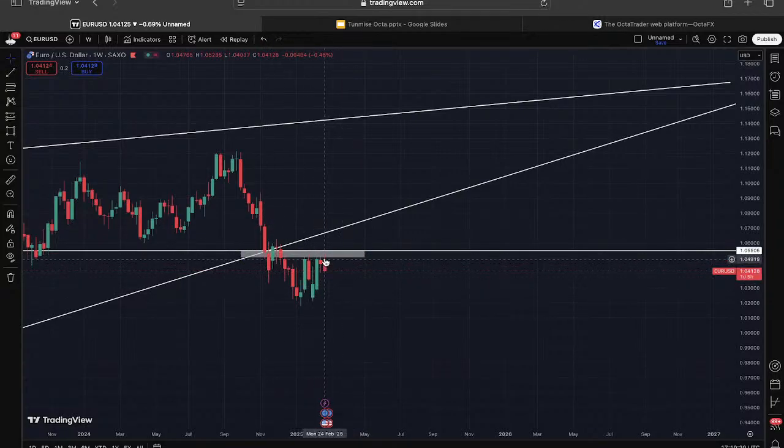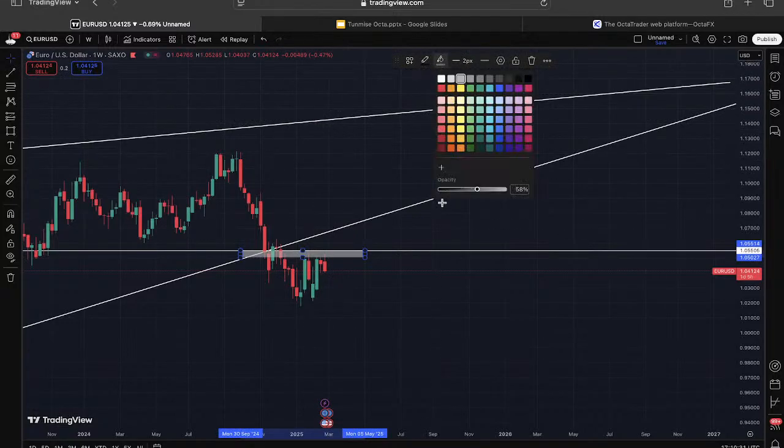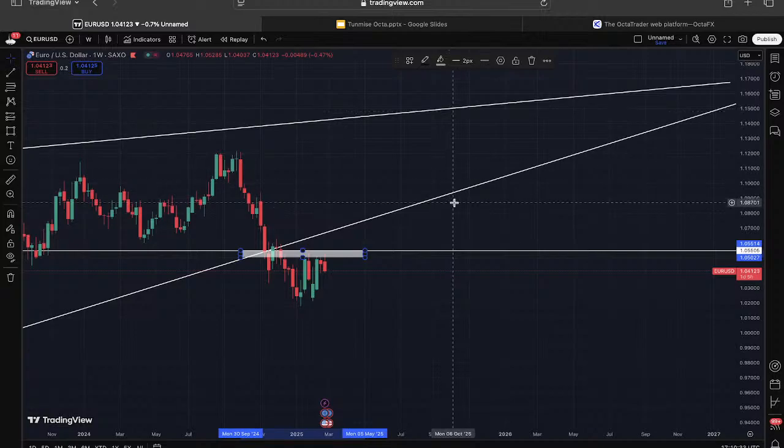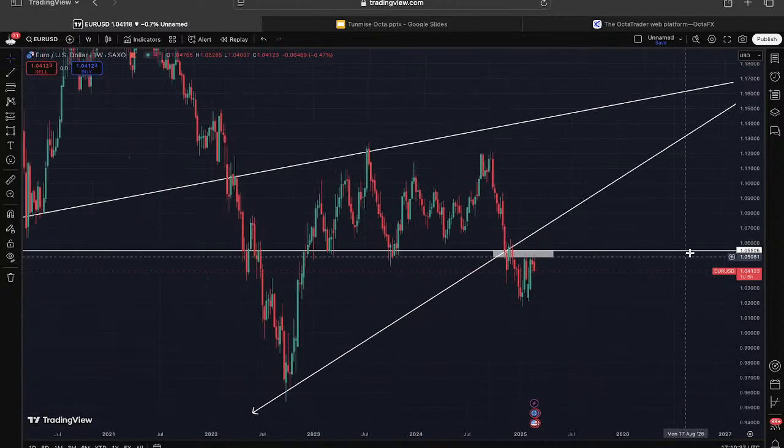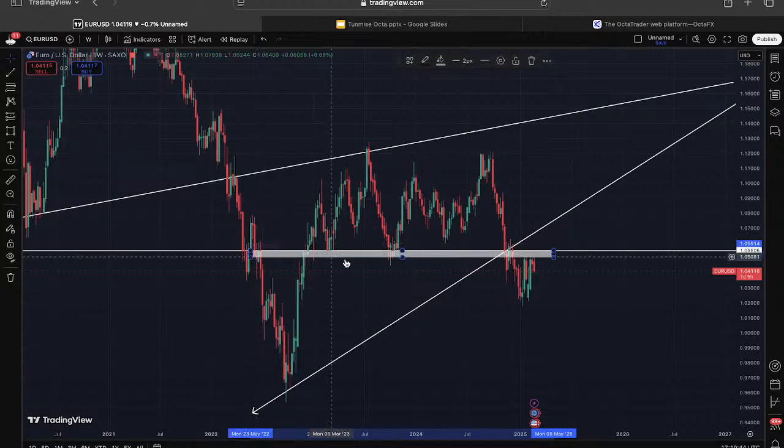Now you can see price at this level. The level where price is currently at is a support turned resistance zone, because right here the level was acting as a support.